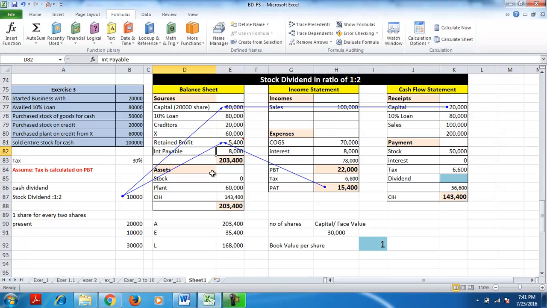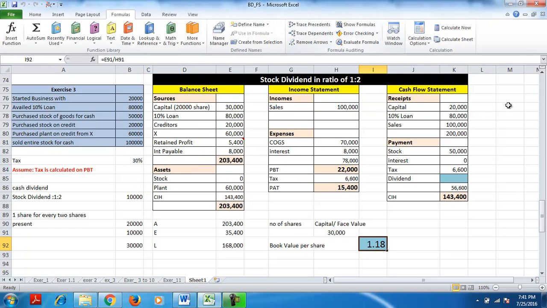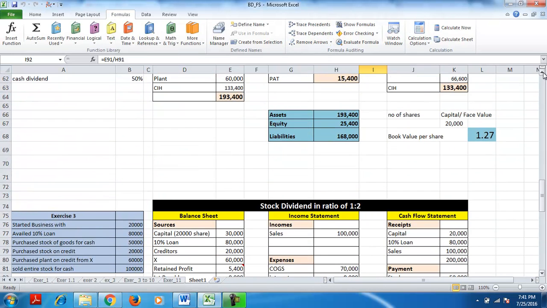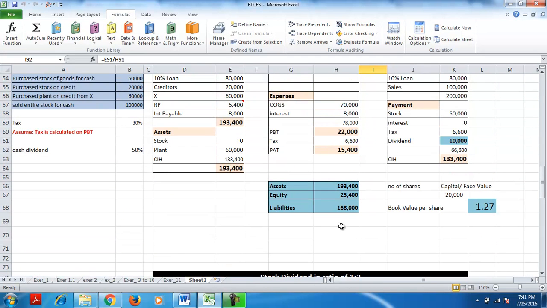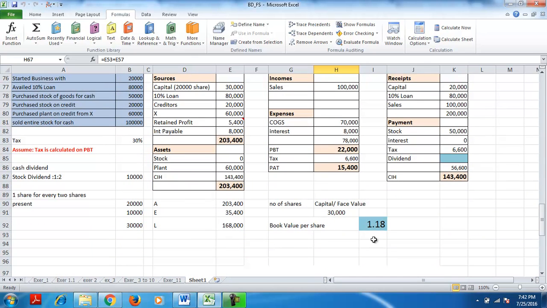But what happened to the book value? The book value per share here also has come down. In the case of cash dividend, the book value has come down because the equity has come down. Whereas in this case, the book value has come down because equity has not changed, but the number of shares has changed.